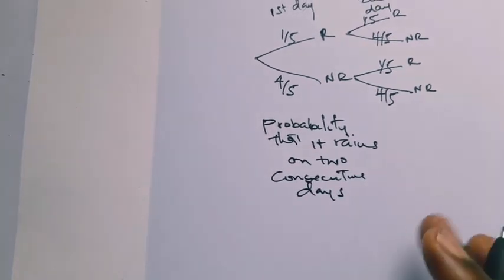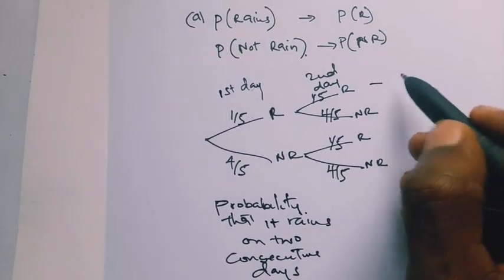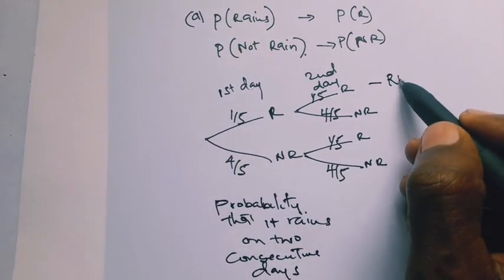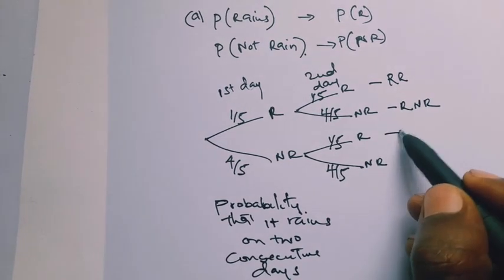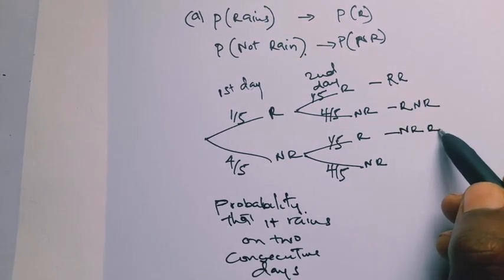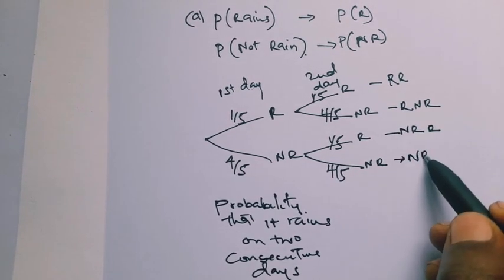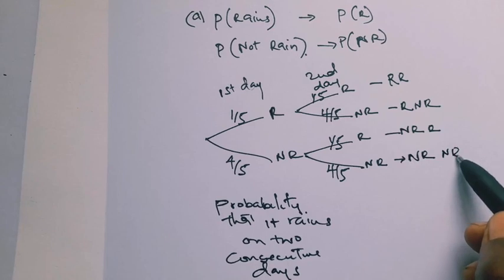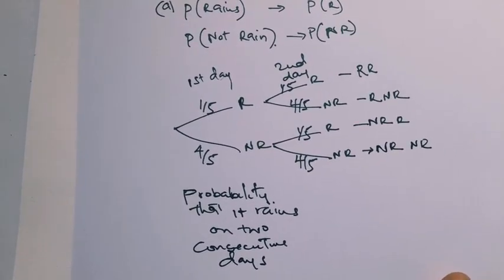Now the outcomes here are: it rains for 2 days, which is R and R; it doesn't rain, and then it rains on the second day; and this one is it doesn't rain at all, so it doesn't rain on the first day, and it also doesn't rain on the second. So ours is RR, that it rains on 2 consecutive days.